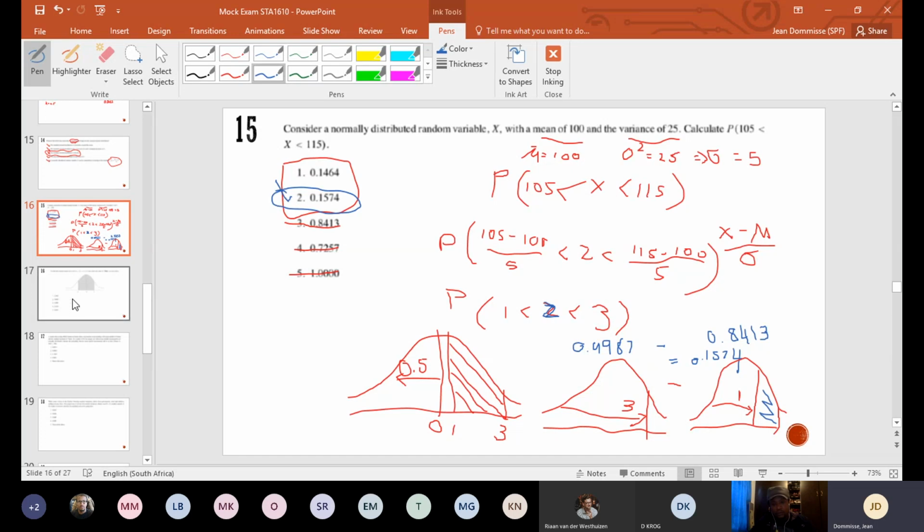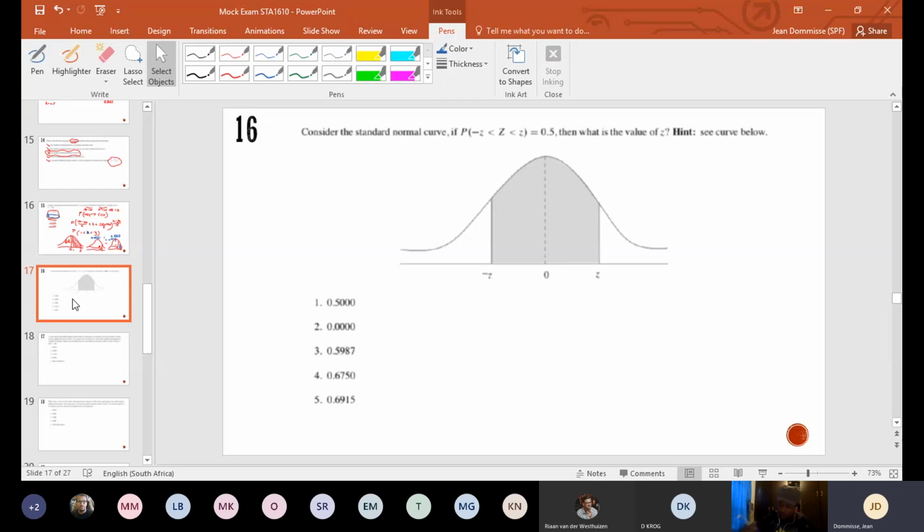Okay, let's look at the next one. Consider the standard normal curve. They tell us this area is 0.5. Then what is the value of Z?